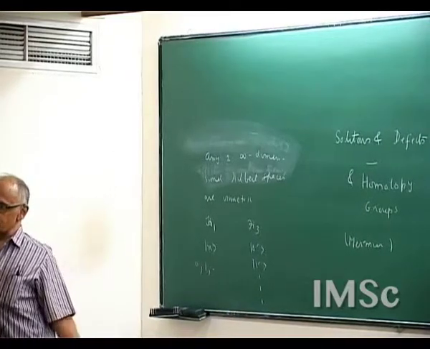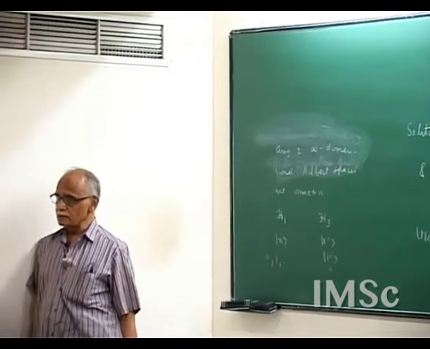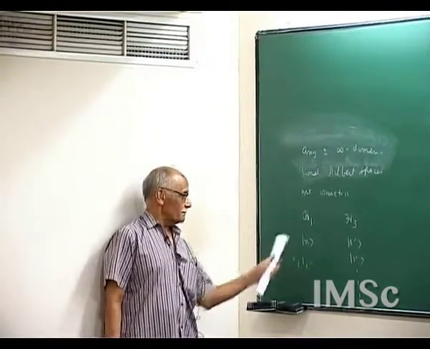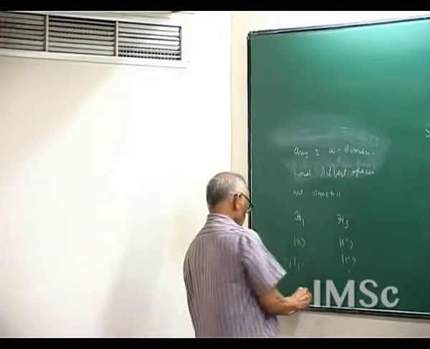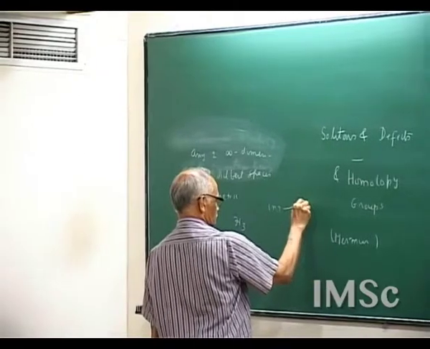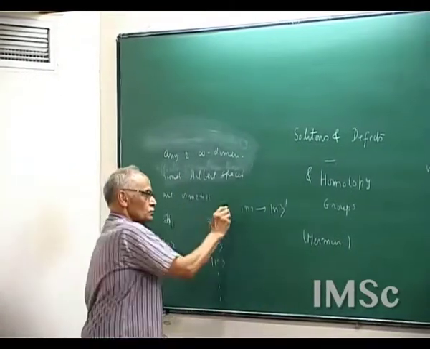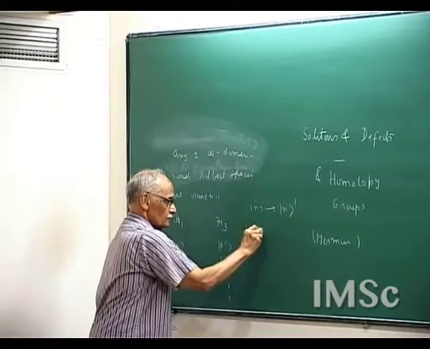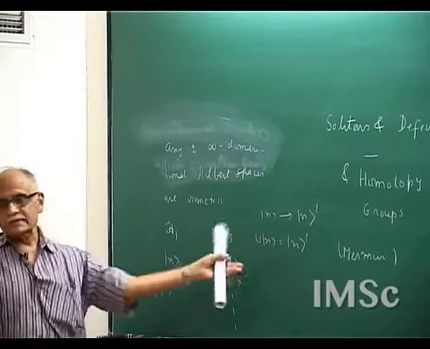Every Hilbert space that we deal with has a countable basis. Now I will give you a mapping from here to here which preserves scalar products. You map n to n prime. You define an operator U such that U n is equal to n prime. Then you preserve scalar products.